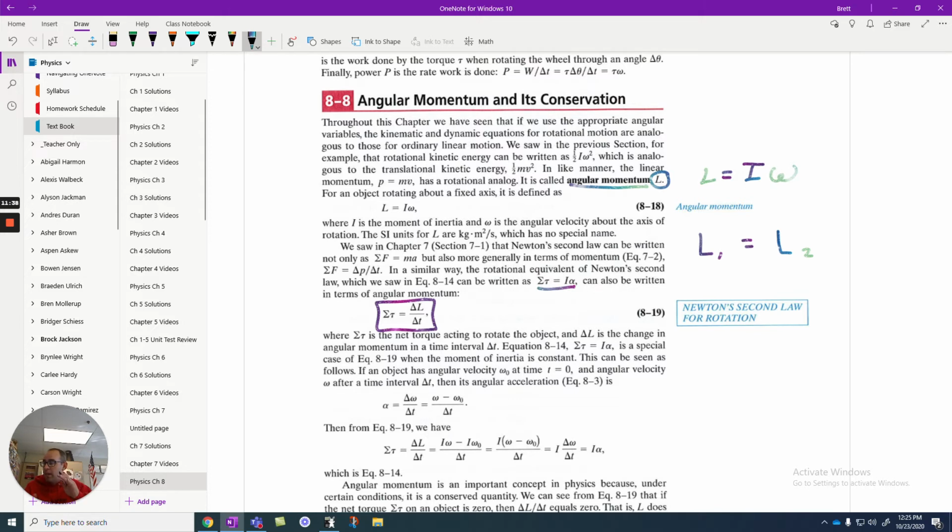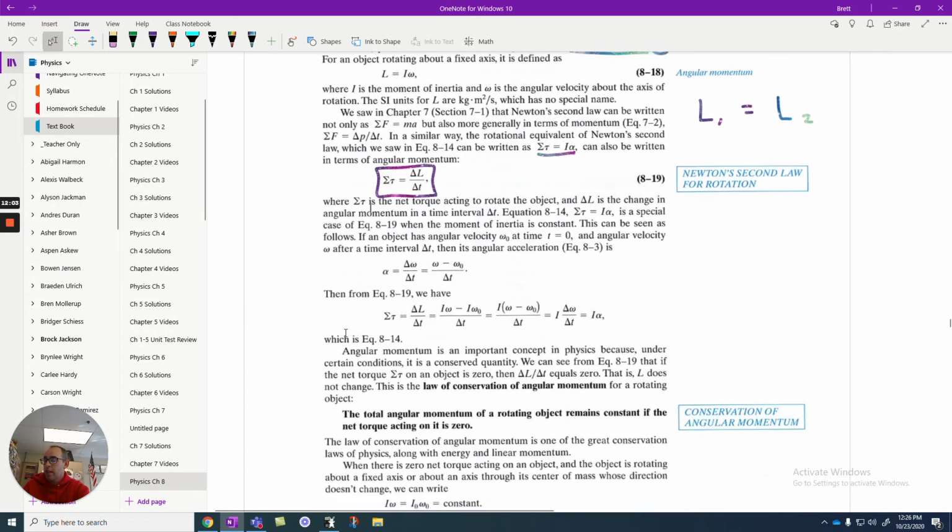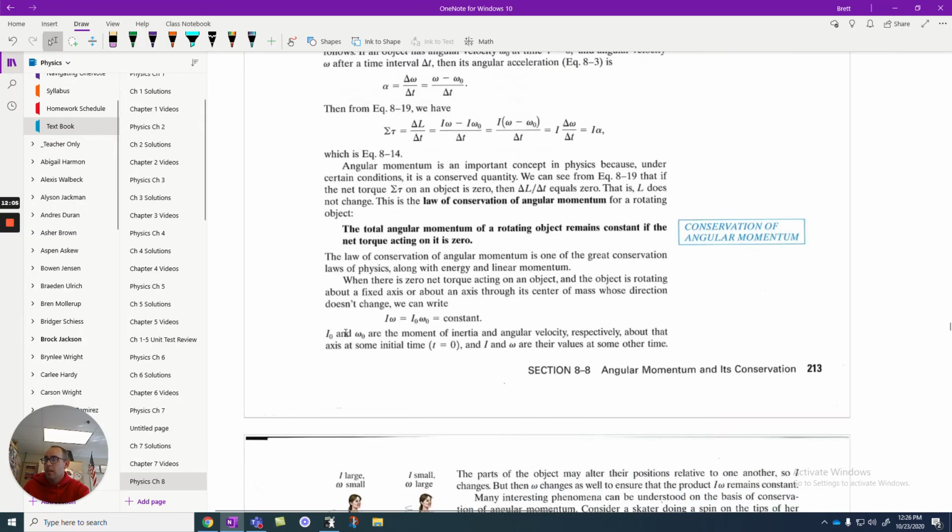If we give a spin to a rocket ship out in space, if we can get it away from other objects, it will continue to spin forever. And if we extend arms out on that, we've changed its moment of inertia, and therefore it's going to change the speed at which it rotates. So understanding that angular momentum is conserved is really important.